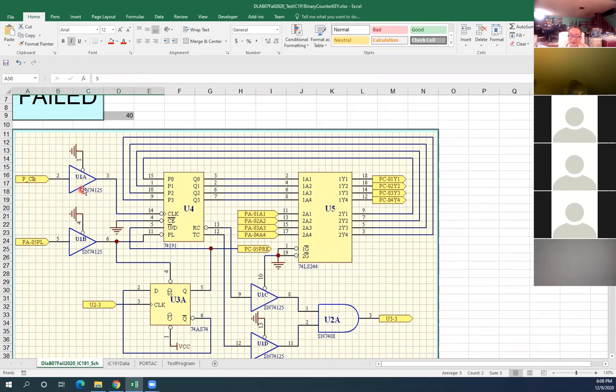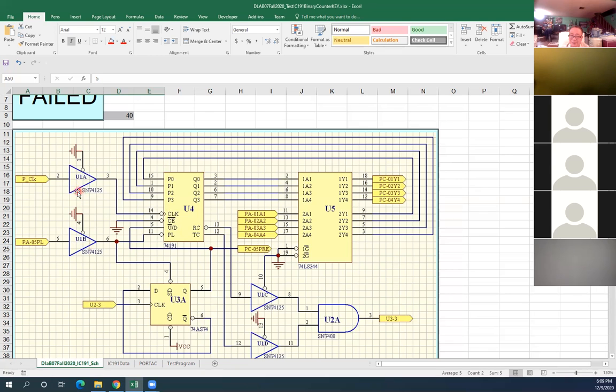Because you need a clock for every count, right? However, you don't use it when you're loading though. No, that's different. Even though they are the same U1, U1A is different from U1B, U1C, U1D. Okay, I tested U1B already, but not U1A.